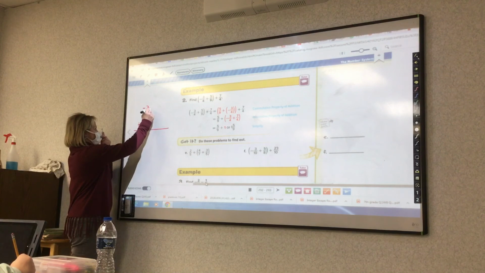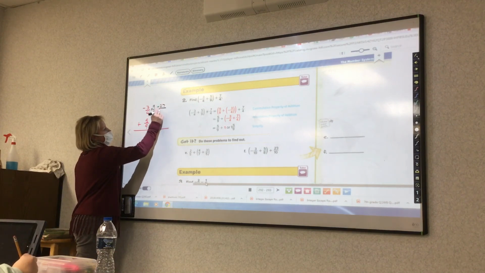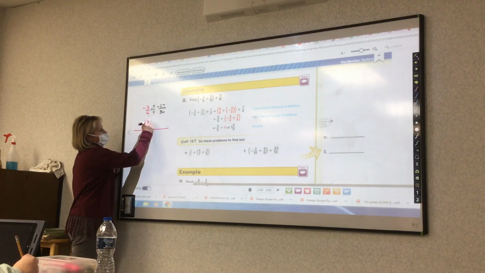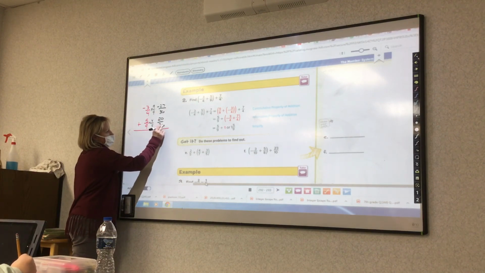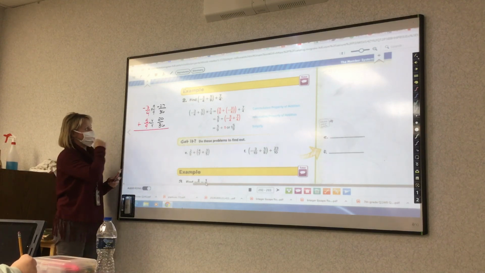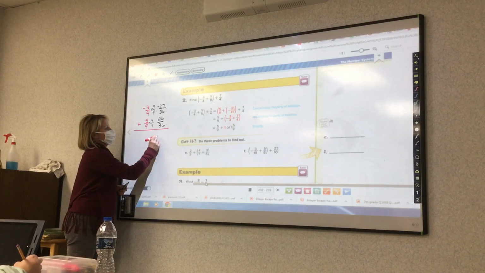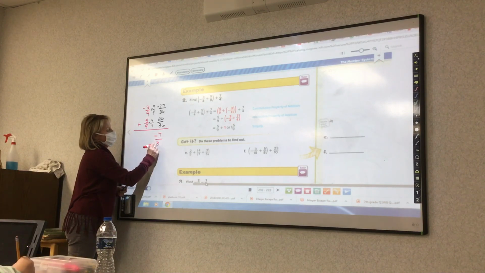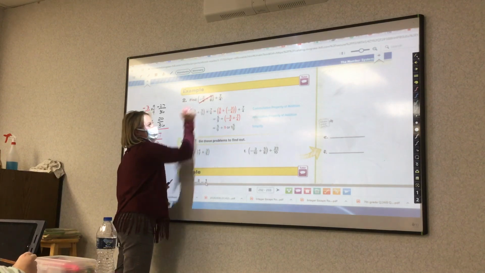So I'm going to show this is times 9/9. So I got a negative 27/36 times 4/4. So that's 20/36. One's negative, one's positive, so I've got a negative 7/36. That means these two are done.